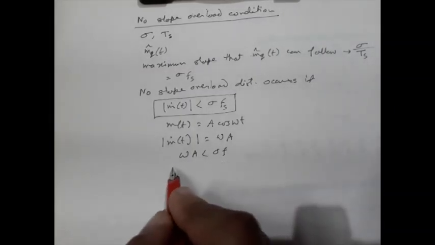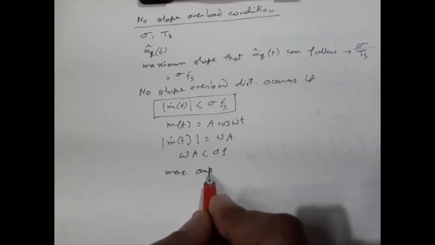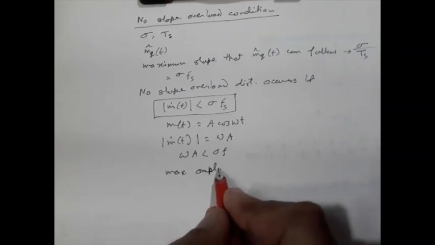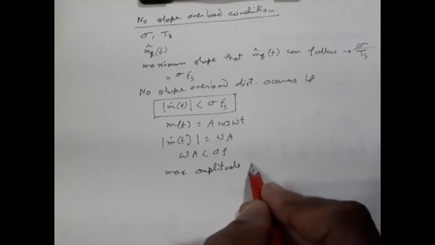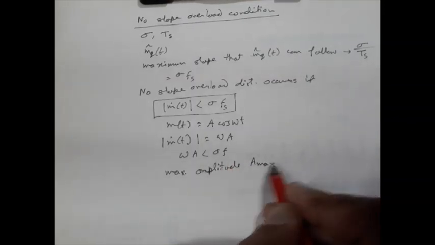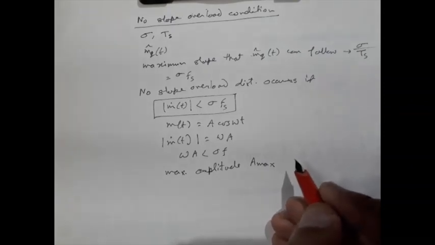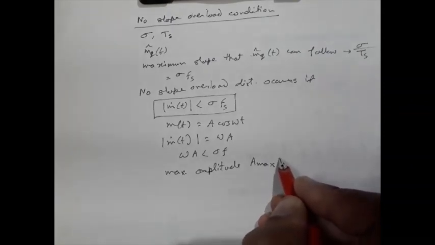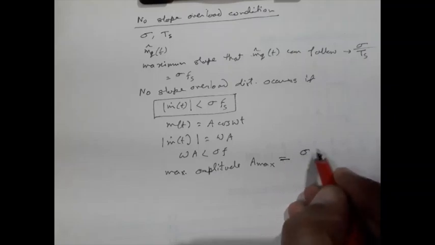So the maximum amplitude, we call it Amax, of this signal that can be tolerated without overload distortion can be written as sigma Fs by omega.